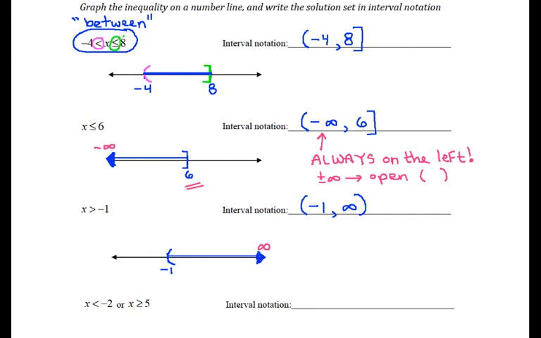It's bad notation because we're suggesting in that case that infinity is a real number when in fact it isn't. So we always have open brackets at the infinities. Regardless of what kind of inequality we had, we can see that in this case where we had a closed endpoint at 6 and the only inequality that showed up at all was inclusive, we still had an open bracket at -infinity.